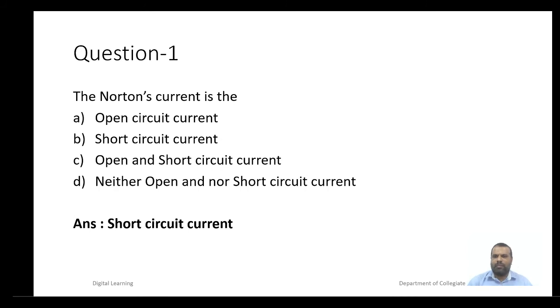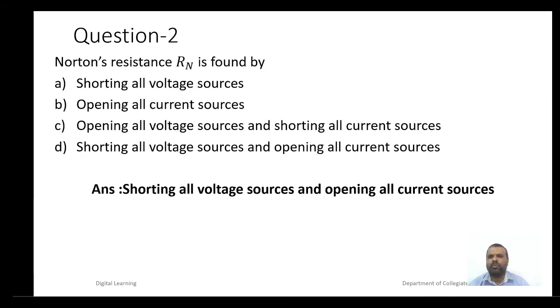Question number 1. The Norton's current is, the options are A, open circuit current, B, short circuit current, C, open and short circuit current, D, neither open nor short circuit current. The correct answer is short circuit current. Question number 2.